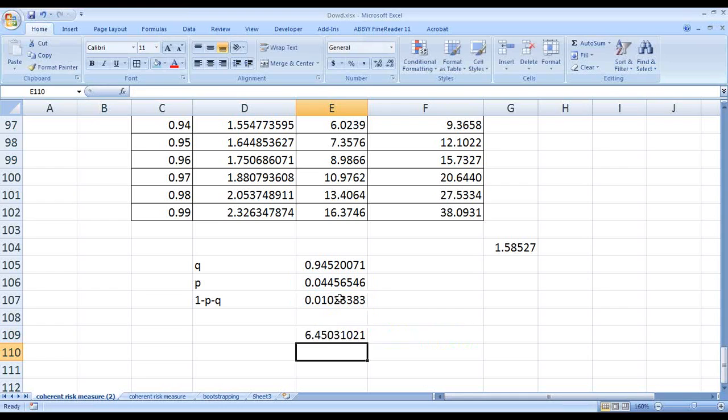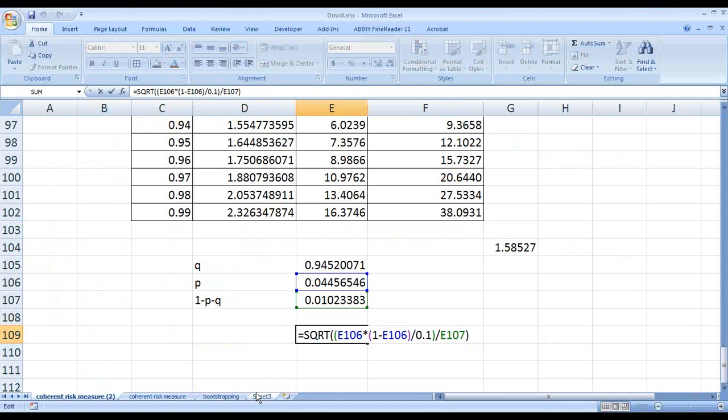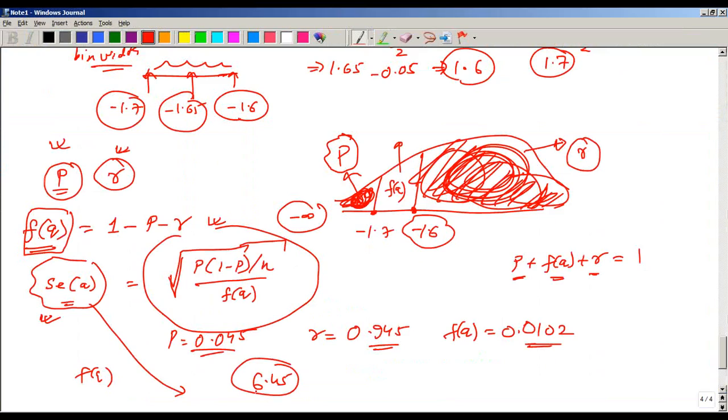So this standard error comes as 6.45. Let me just check whether the entire thing was under the square root or not. Yes, so 6.45 is your standard error.